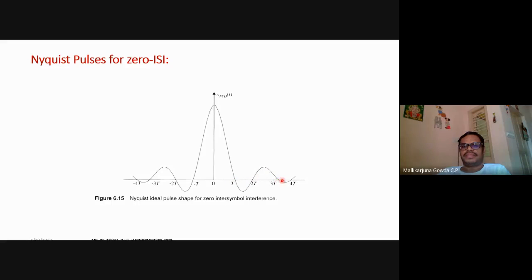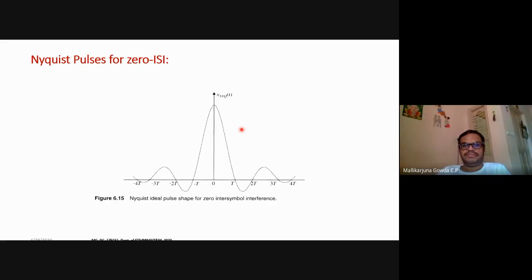At n equal to 0 only, it has maximum amplitude. For other values of t, it is 0. We call these zero crossings. These points at t, 2t, 3t, 4t, and similarly on the negative side, plus or minus t, plus or minus 2t, plus or minus 3t, plus or minus 4t, we call zero crossing points. At these points, the magnitude is 0, the x of t value will be 0.